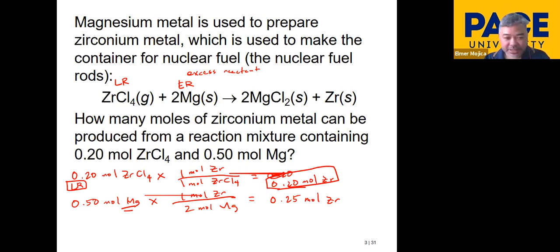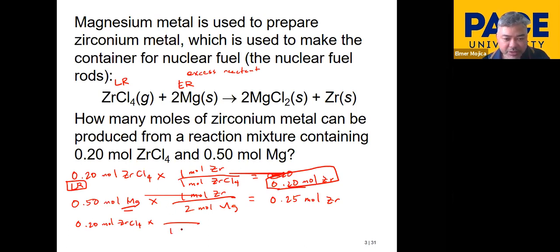We can go from the zirconium chloride because that's your limiting reactant. We need to determine how much of your excess reactant was used, so we can determine how much was left unreacted. So 0.2 moles of zirconium chloride.